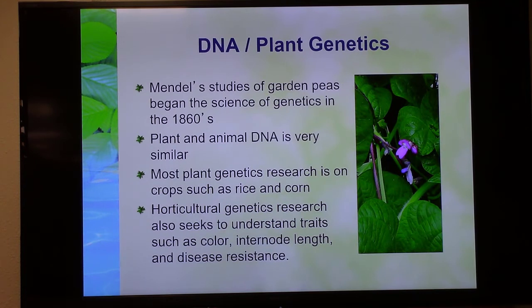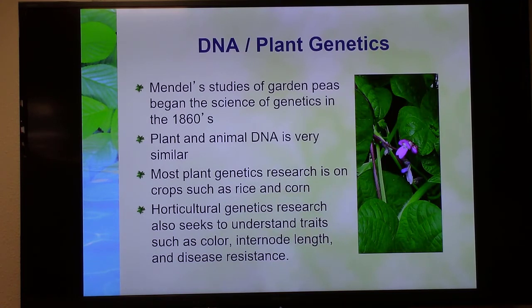The last thing to think about is DNA. This is the growing thing. This is the part of science, the part of biology that is pretty much overwhelming all other aspects of biology. And genetics really started in a very interesting way. There was a guy in Austria in the middle 1800s who wanted to study genetics, and he wanted to study mice.